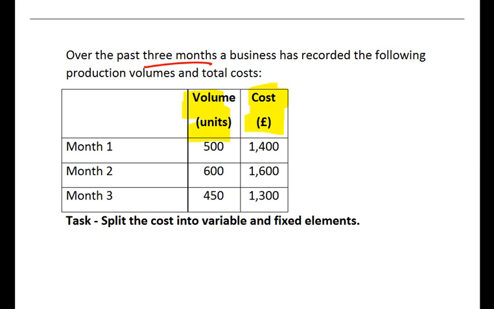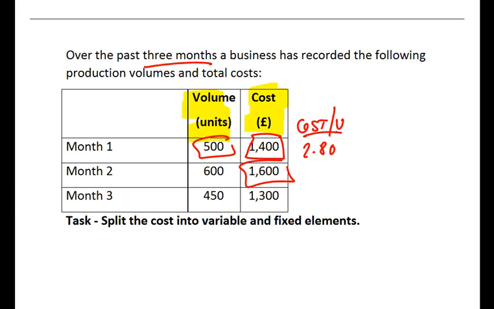Well, the easiest way to do this is to actually work out the cost per unit at each level of production. So basically the cost per unit for each of my 3 months here. So all I'm looking to do is take the cost figure for the month, divide by the number of units that were produced. So in the first month, £1,400 divided by 500 units translates to £2.80 per unit.